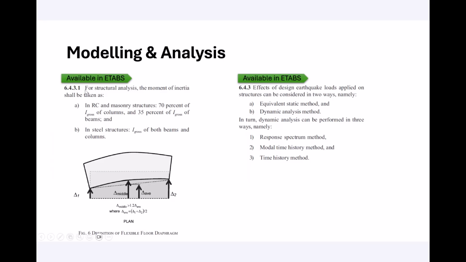So this is available in ETABS through the property modifiers option. So I will try to connect these with the features in the ETABS, and then we will see a few models as an example to show the same.